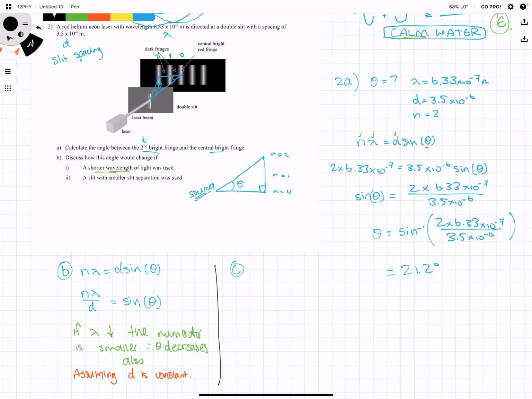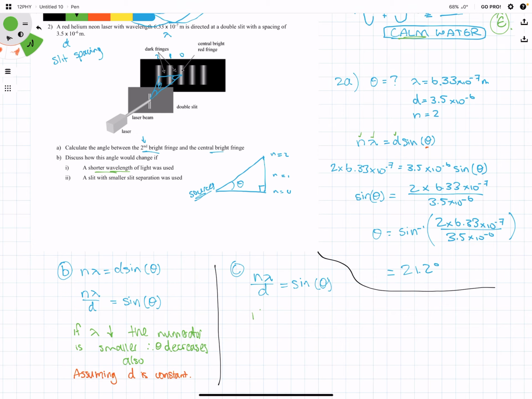And if we look at C, n lambda over d equals sine theta. They're asking us to consider the situation where a slit with a smaller slit separation is used.